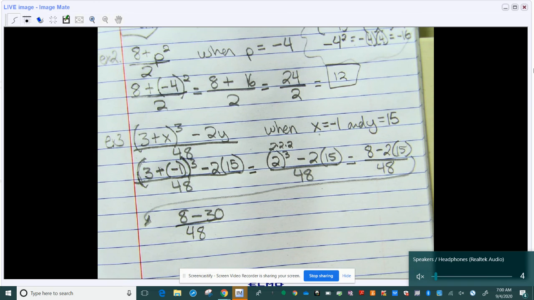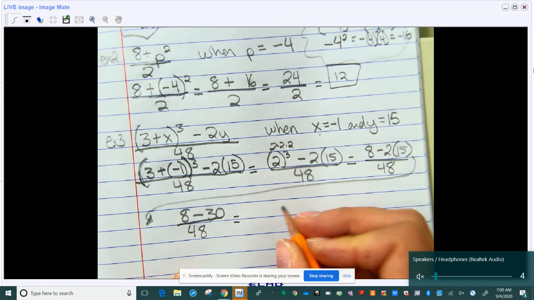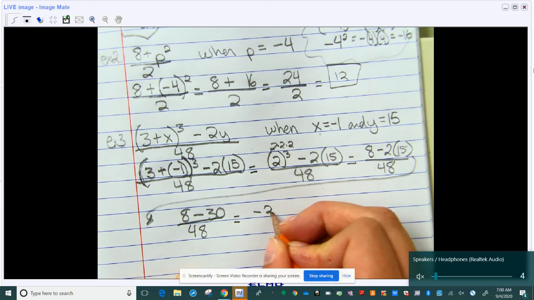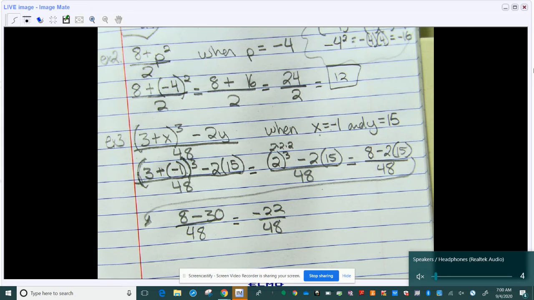All right, from there we simplify our numerator with our subtraction. 8 minus 30 gives us a negative 22. Now you could divide to get a decimal. True. But we can also leave it as a fraction and just simplify. They're both even, which means they can both divide by 2.